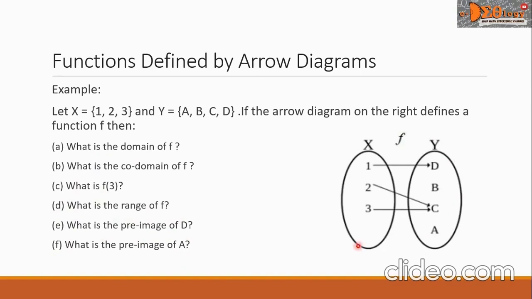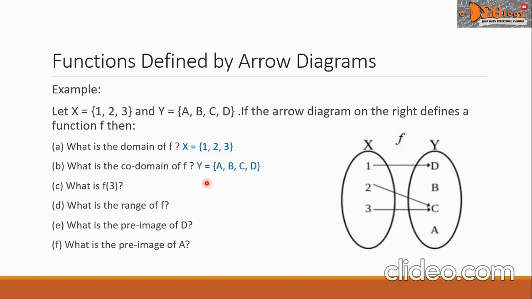Looking at our figure here, let us answer letter A. What is the domain of f? The answer is, the domain is x equals 1, 2, 3. Let's have letter B. What is the codomain of f?